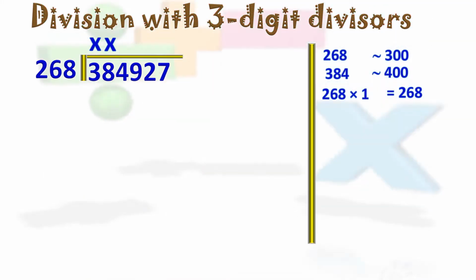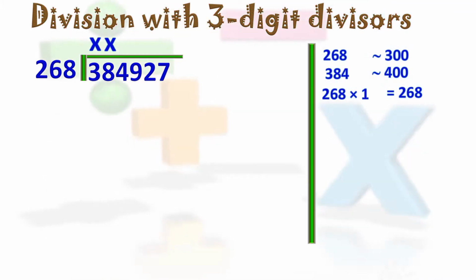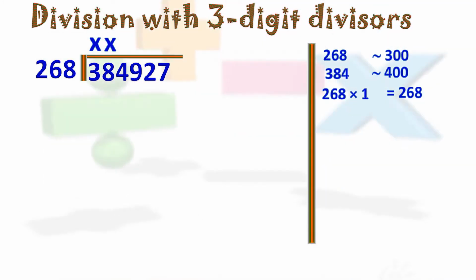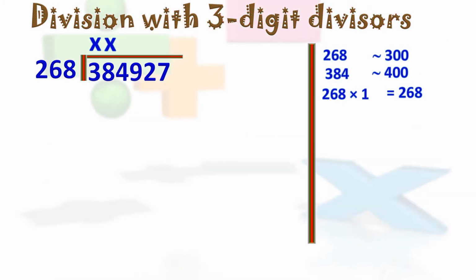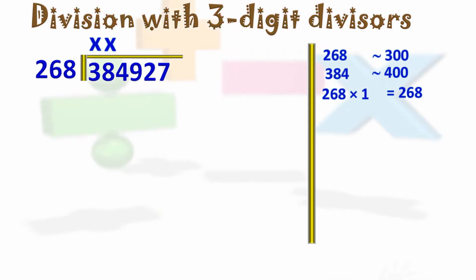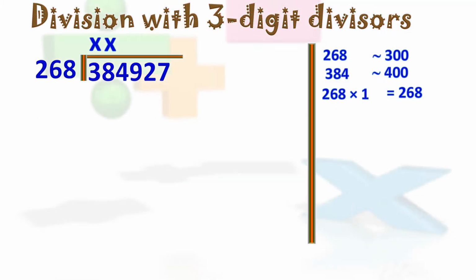So 300 will go one time in 400. Let us see 268 into 1 is what? Definitely it's very easy. It will be 268. So 268 will go one time in 384.